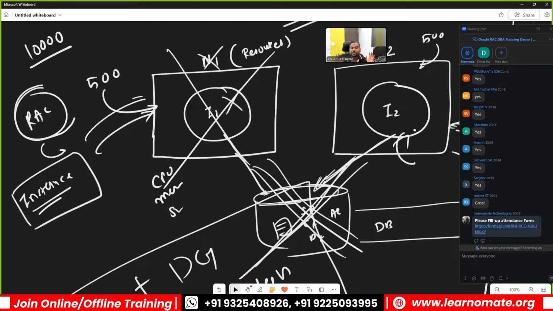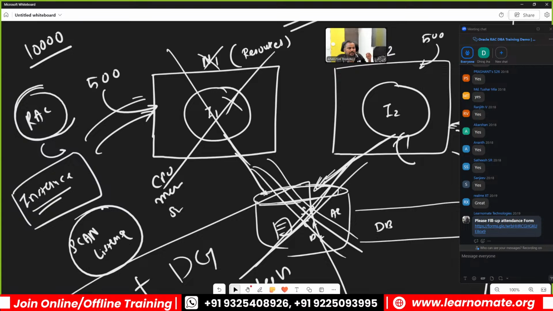So it provides load balancing also. To understand load balancing, we need to understand the concept called scan listener. Then you will understand this load balancing pretty well. So Oracle RAC is not just about high availability, it is about load balancing also.